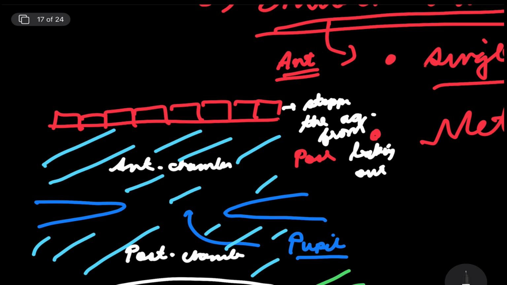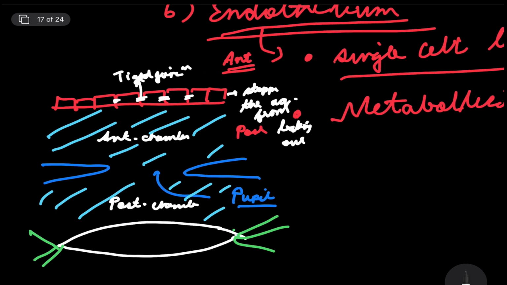How are they doing that? They are doing that because of special junctions in between them, which are called tight junctions. Tight junctions also has another name, zona adherens. So it is very, very important that the integrity of the endothelial layer of the cornea is maintained.